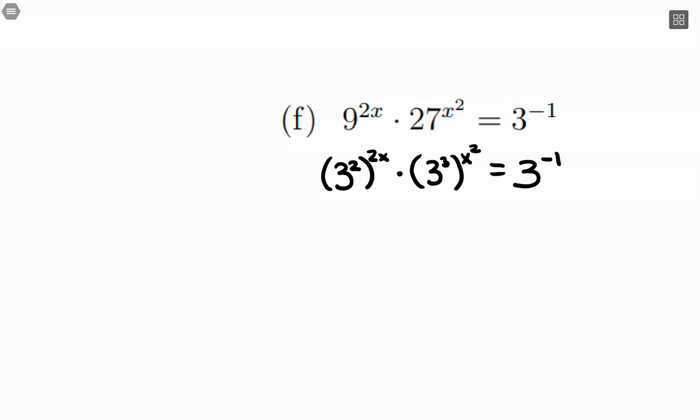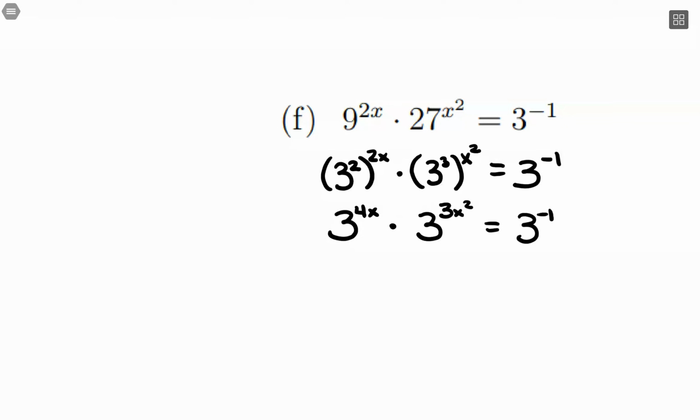Now my power to a power rule, so 2 times 2x is 4x. So this is really 3 to the power of 4x times 3 to the power of 3x squared. And that equals 3 to the negative 1.